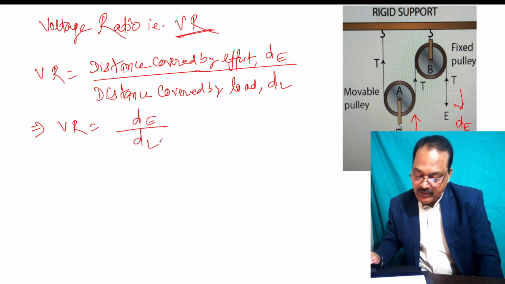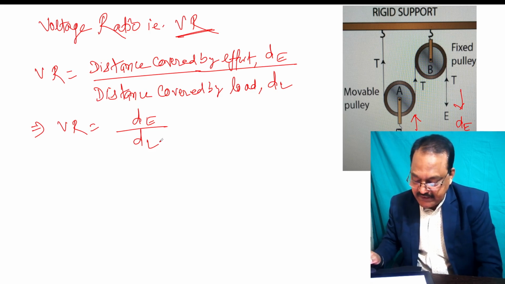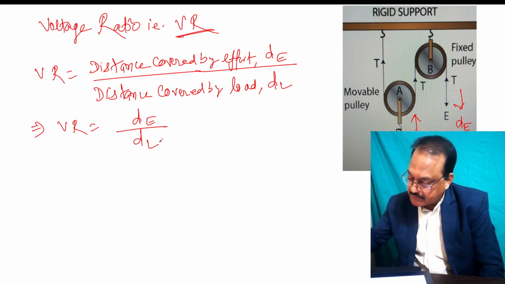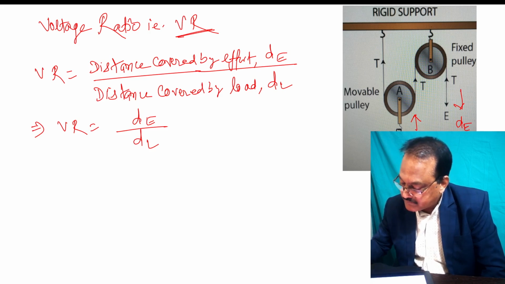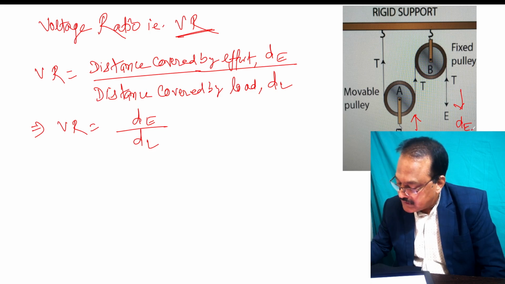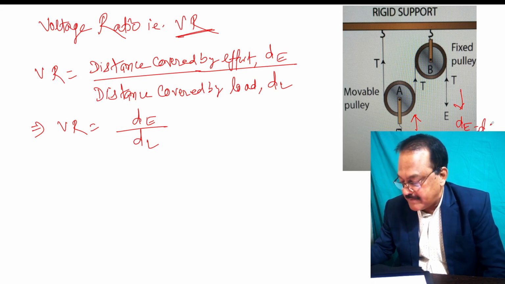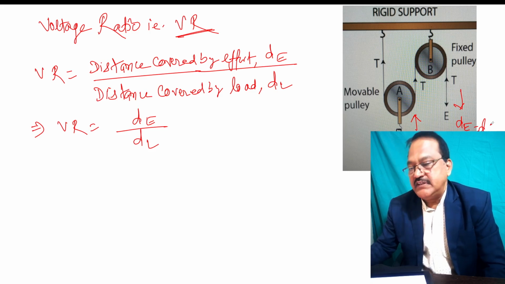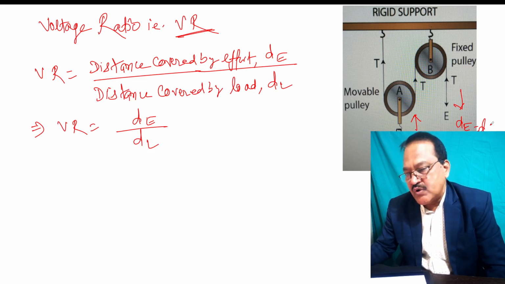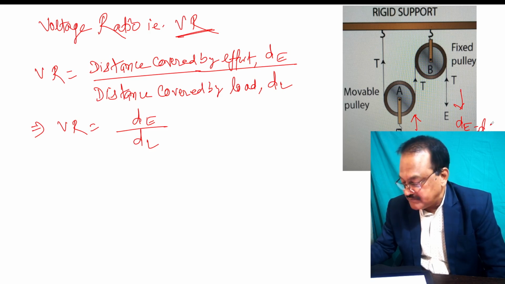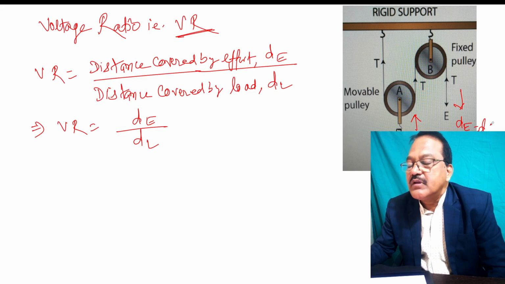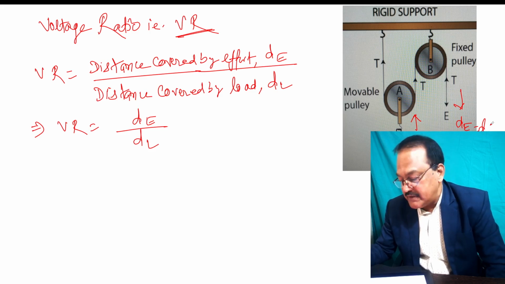Let us find out the value of dE and dl. Let d be the distance. It means when this effort is applied in the downward direction by d, how much distance will be covered by this load in the upward direction?